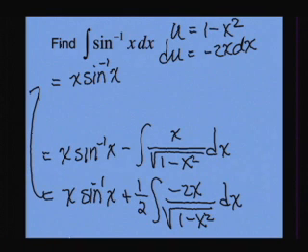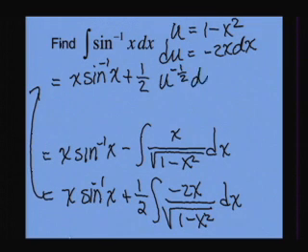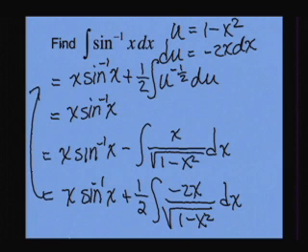So that what I can do is rewrite this as equaling x arc sine of x plus 1/2 of u to the minus 1/2 du. And let me put my integral sign in here to show that we're going to integrate that now, so that we have still x arc sine x.